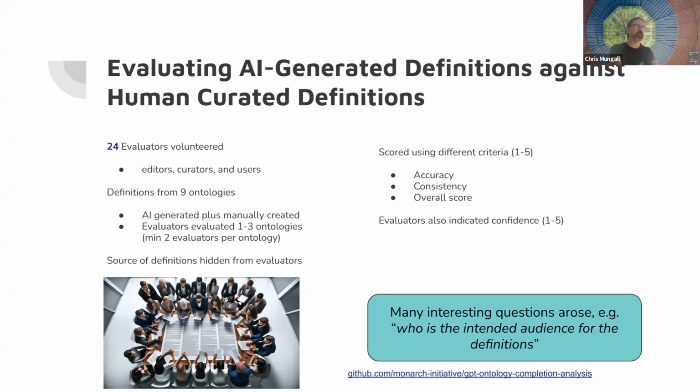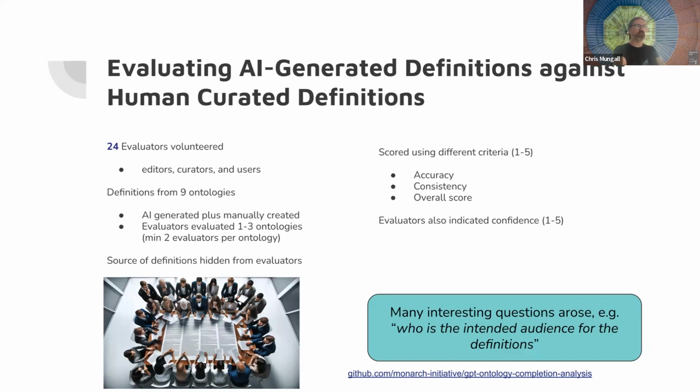Each evaluator scored each definition according to 3 criteria: accuracy, consistency with definitions already in the ontology, which was optional, they didn't have to fill this one in, and then an overall score weighted as they saw fit. Each evaluator also gave a confidence on their evaluation with each row here.